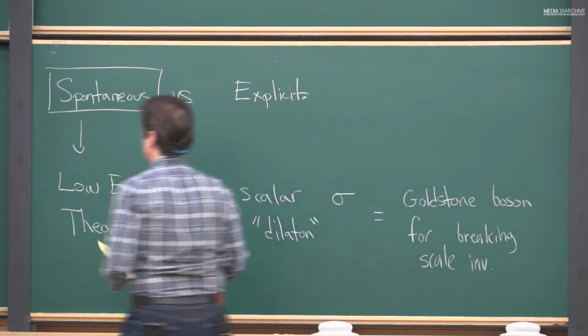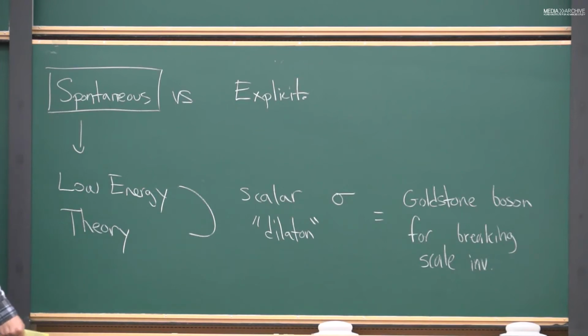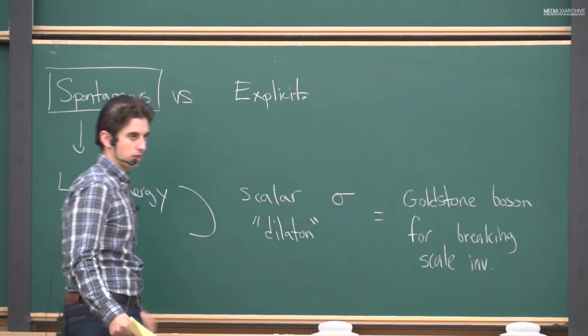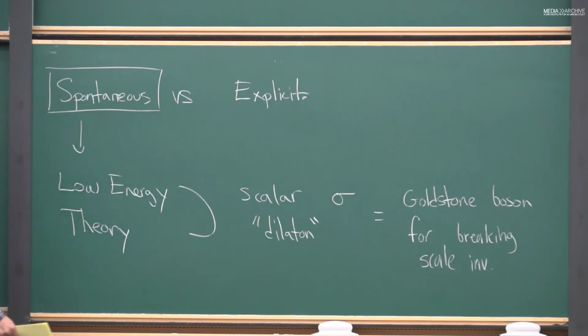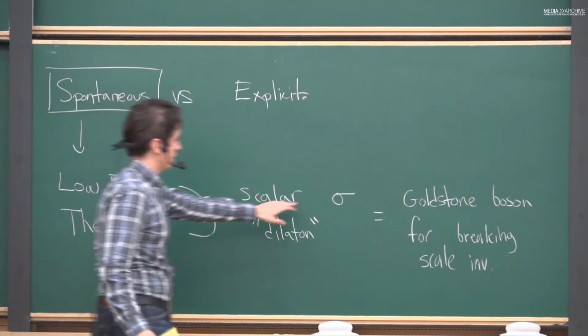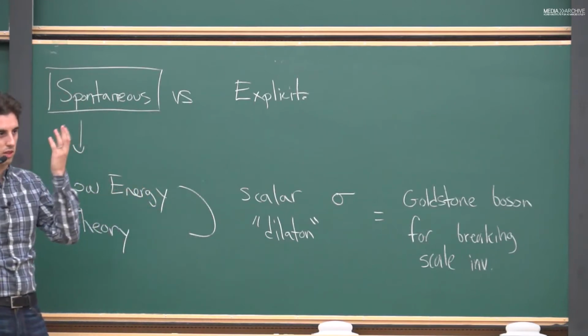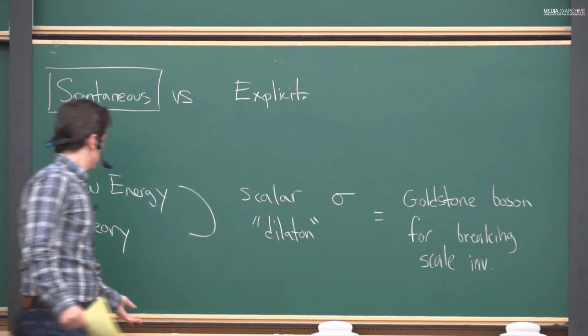So in the spontaneously broken case, you can understand a lot about your flow by examining the effective action for this scalar field sigma. To leading order in derivatives, it is of course a free scalar by Goldstone's theorem. But at higher order in derivatives, the effective action for sigma encodes things like the a anomaly, the difference between a_UV and a_IR.